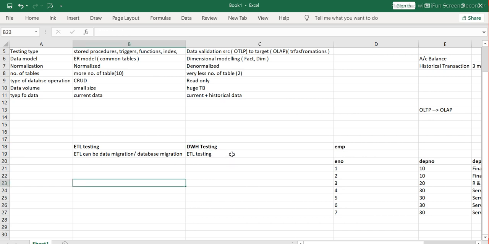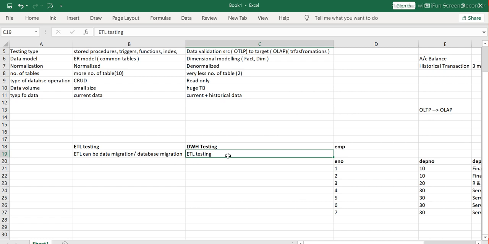And when I say data warehouse testing, it is basically testing on the target table, and also doing a lot of testing around slowly changing dimensions, or incremental load, and all those kind of aspects that we have to do here, right? But here it is not required.